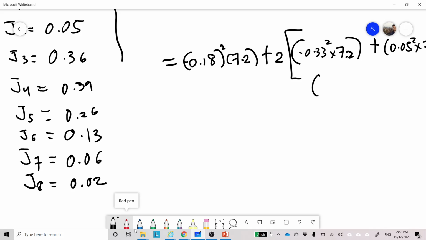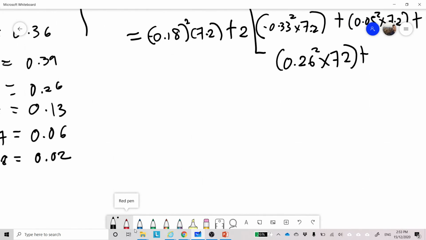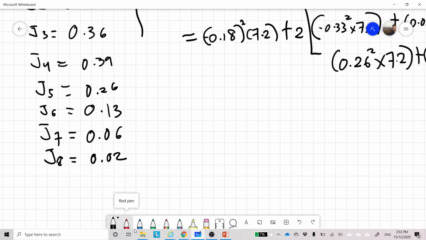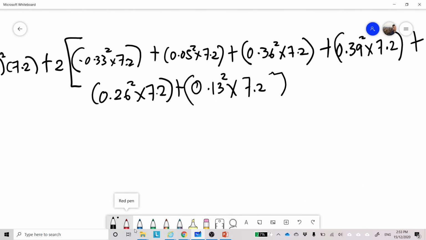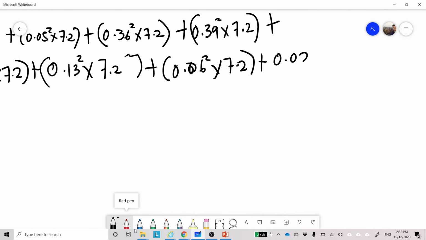So here is 0.26 times 7.2 plus 0.13 square times 7.2, okay, 0.06 plus 0.06 times 7.2 plus 0.02 square times 7.2.